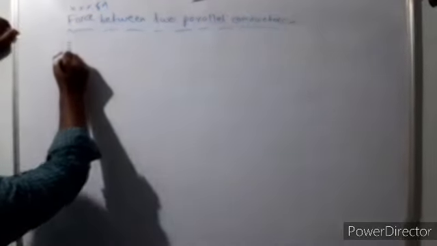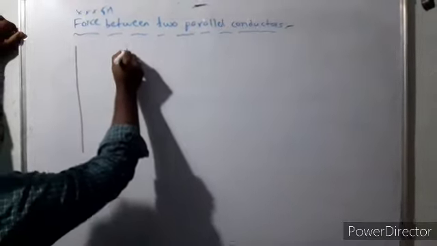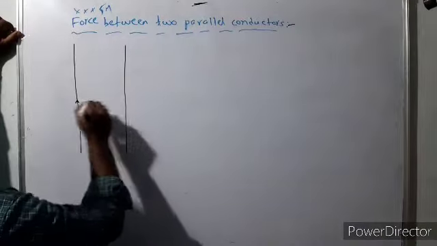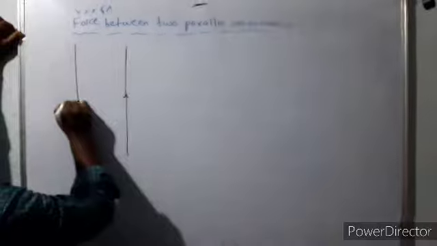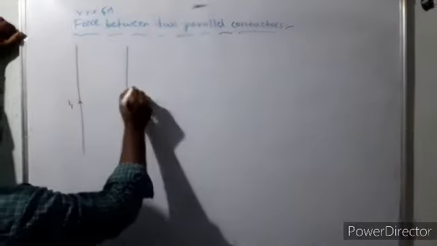Consider two parallel straight conductors of infinite length carrying currents I1 and I2 amperes. Here, the currents are in the same direction.